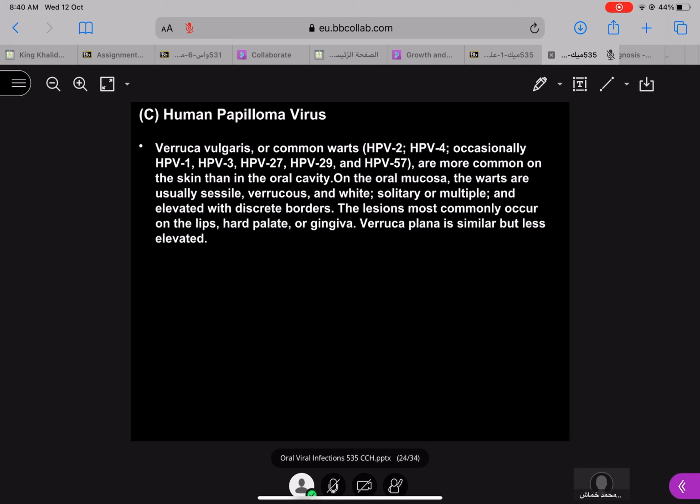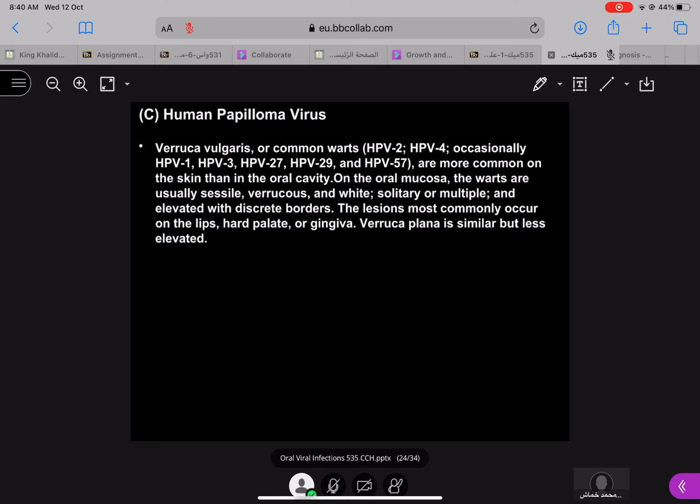On the oral mucosa, the warts are usually asymptomatic. It's white, solitary or multiple, and elevated with discrete borders.